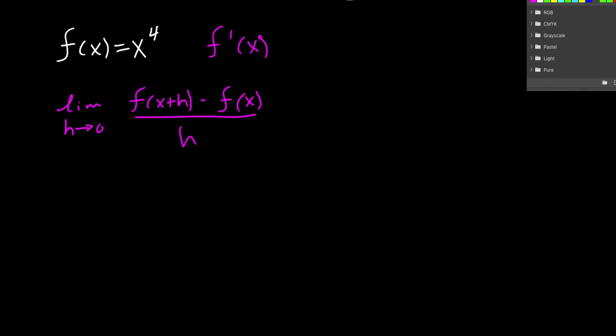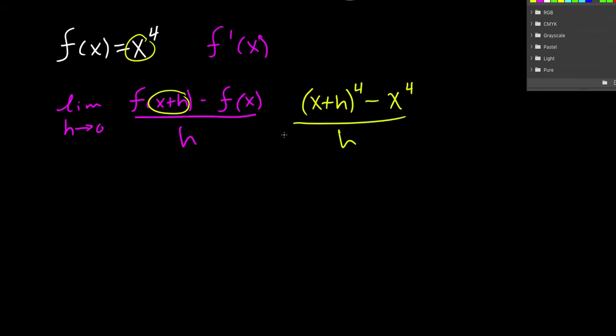You're still pretty new to this. Okay, so what we're going to do is we're going to take this and plug it in here. So we get x plus h raised to the 4th minus x to the 4th all over h. Once again, we're taking the limit. We can't apply the limit yet because we have division by 0 if we do.